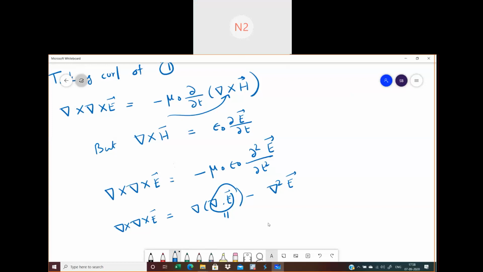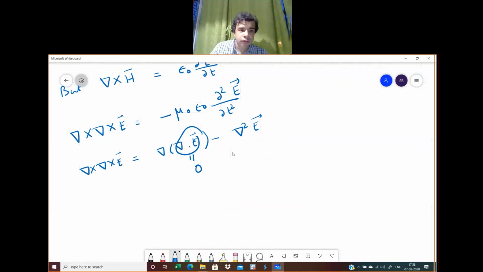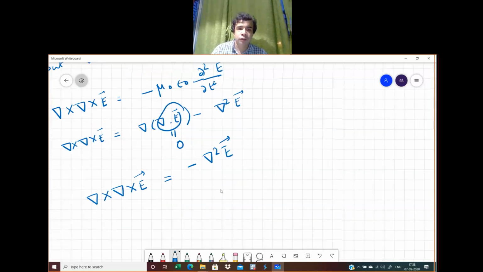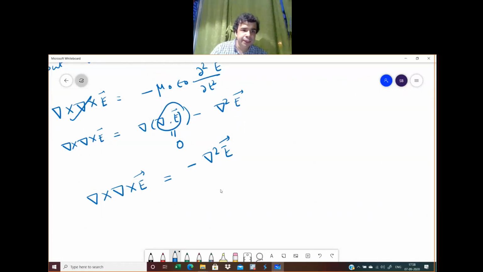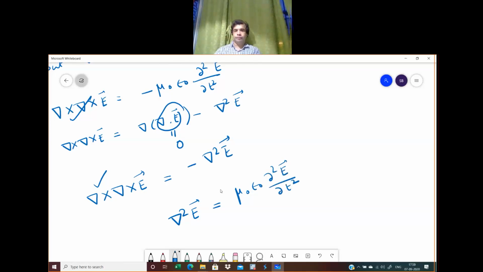So in our case, curl of curl of E is equal to minus Laplacian of E. Is it okay? So what equation do we have? Comparing this and this, we can write that... Any doubts so far?